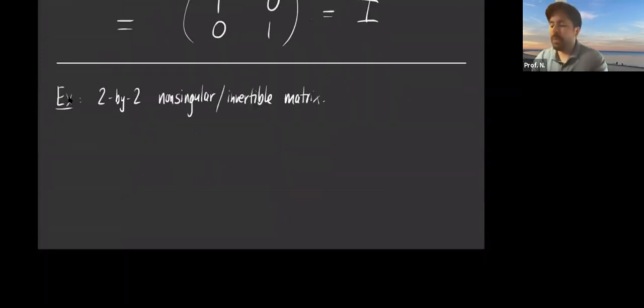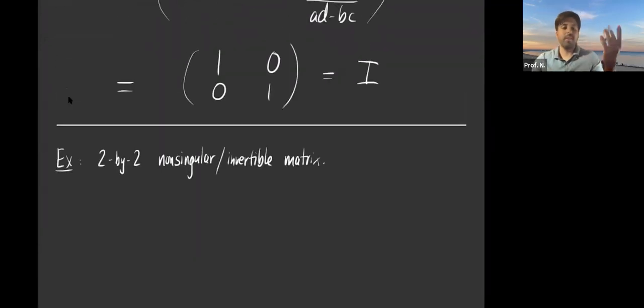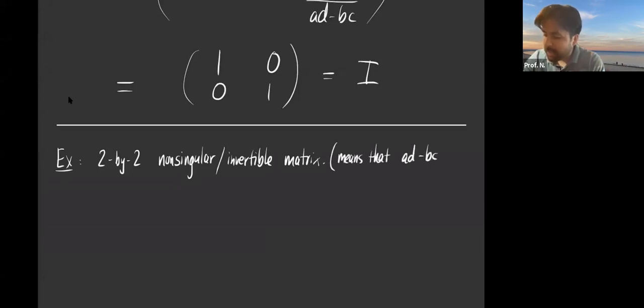I know the terminology here came in quite fast because now you have two different words that mean the same thing. Invertible is one thing, and then non-singular sounds like another thing, but it's exactly the same. It's just two different words for the same thing. So a 2 by 2 non-singular matrix, what does that mean? It means that AD minus BC does not equal 0.